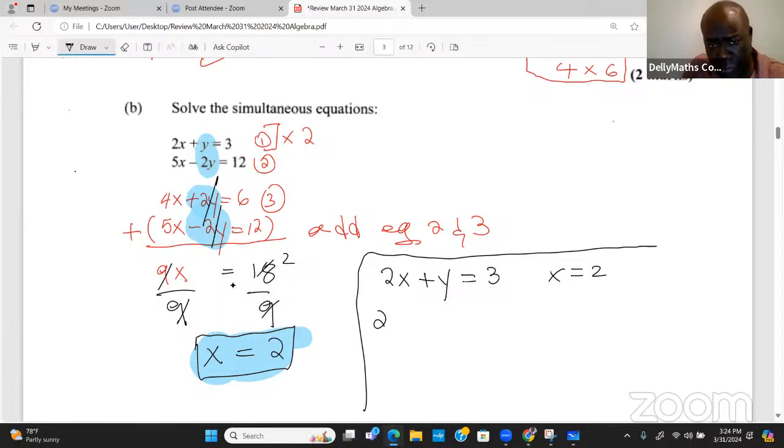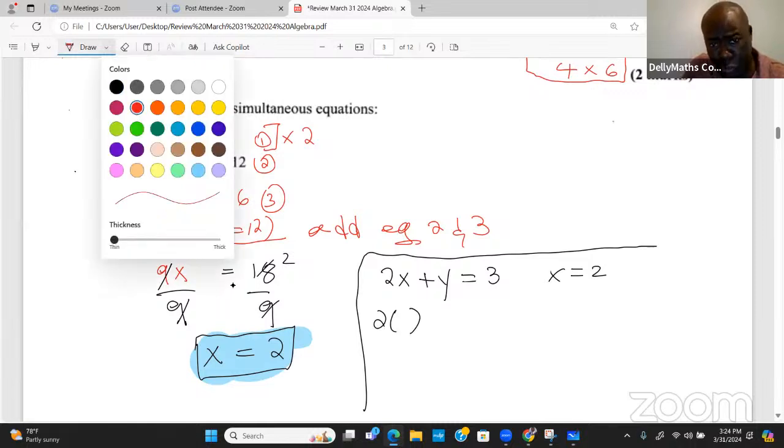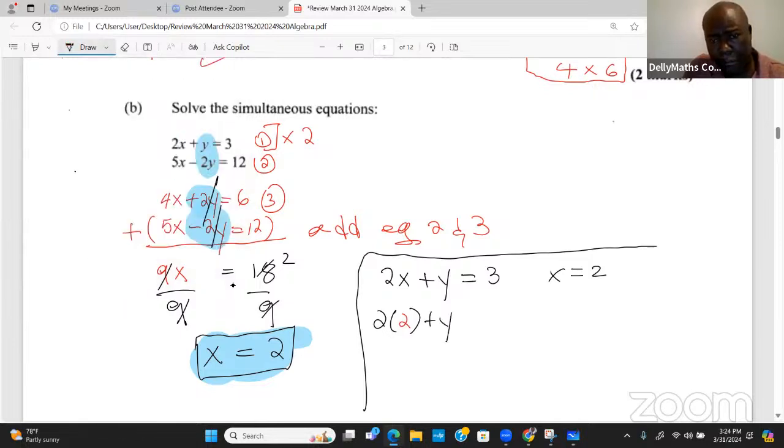So then 2 times 2 is 4. Then I'm going to add y, and this is going to equal 3. So basically what we have now is 4 plus y is equal to 3. I will subtract 4 from both sides. So y is equal to -1.